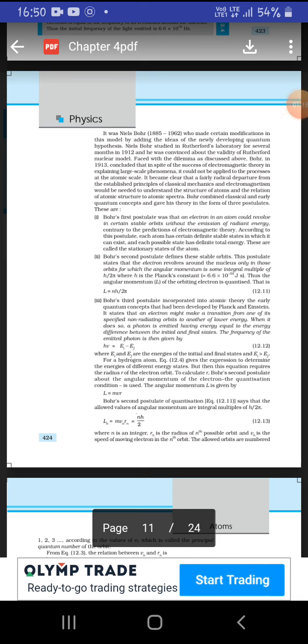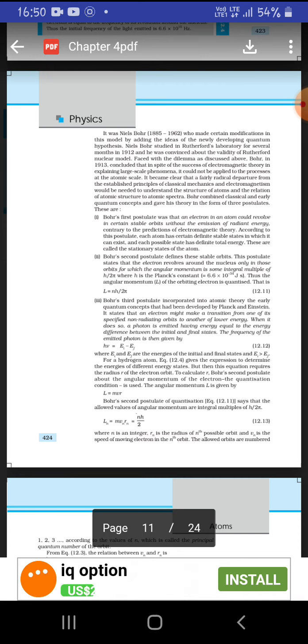According to his postulate, each atom has certain definite stable states in which it can exist, and these are called the stationary states of the atom.